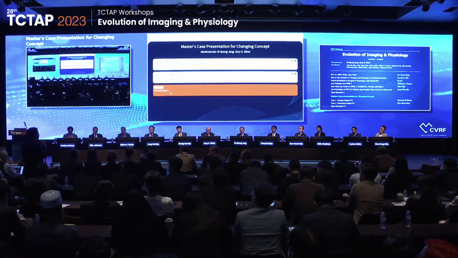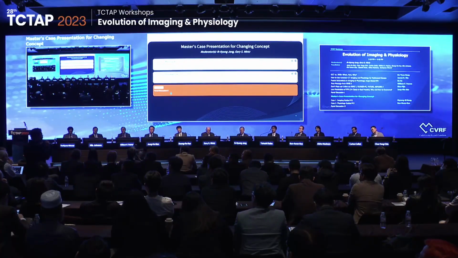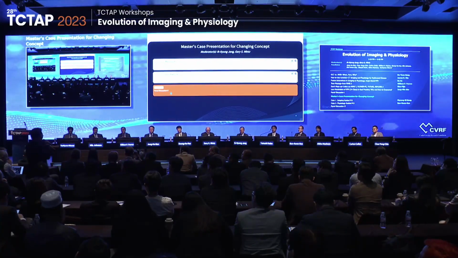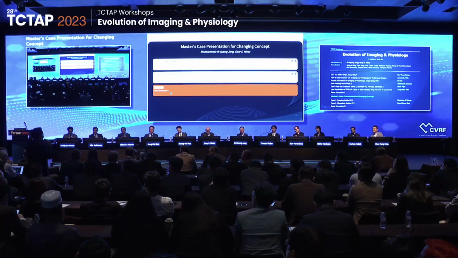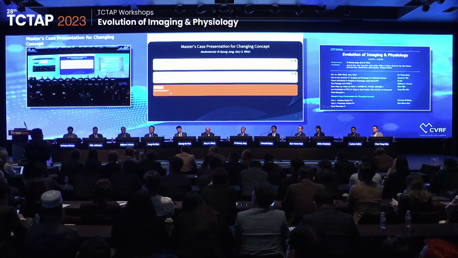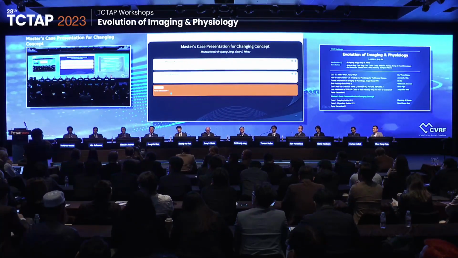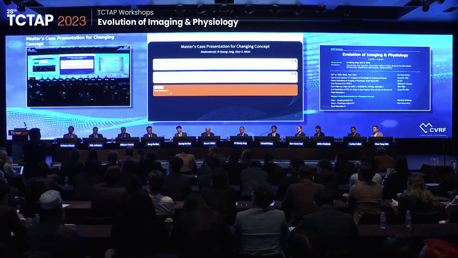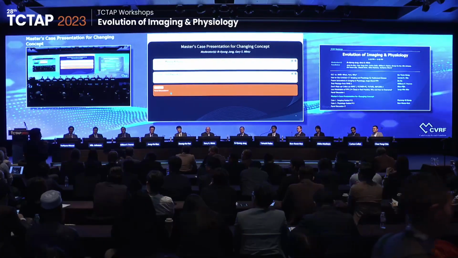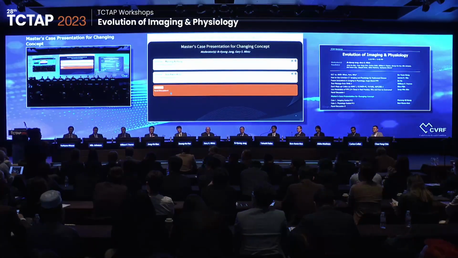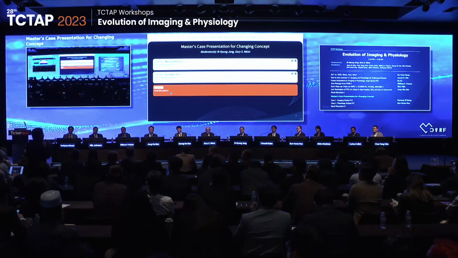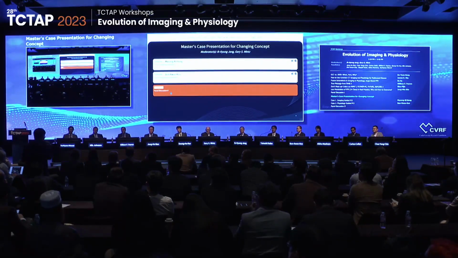But we cannot compare IVUS minimal lumen area with FFR. To treat or not to treat, we absolutely have to depend on FFR. For any optimization concern after stenting, we can use IVUS. However, in your study, IVUS-guided was exactly the same as FFR-guided.